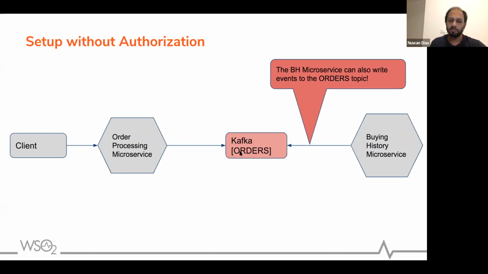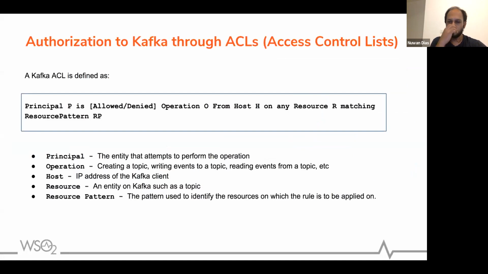So this is the next problem that we want to solve, and you can do that by setting up ACLs or access control lists in Kafka. In Kafka, an ACL is defined in this way, such that a principal P is allowed or denied some kind of an operation O from a host H on any resource R. It might sound a bit gibberish, but if you go through the definitions, a principal is basically the entity that attempts to perform the operation.